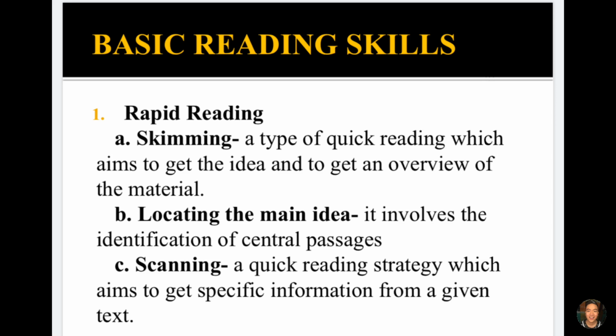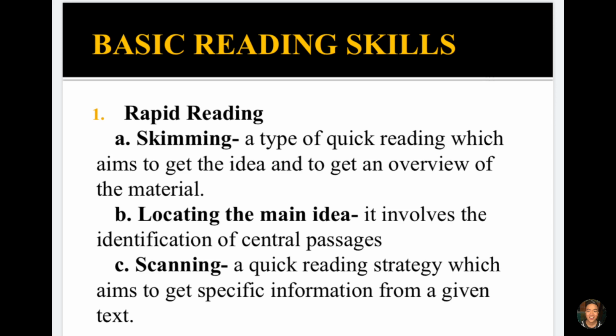In order to determine the main idea easily, you have to study and take note of the levels of ideas in a paragraph, so you can see the elements that help in pointing to the main idea.